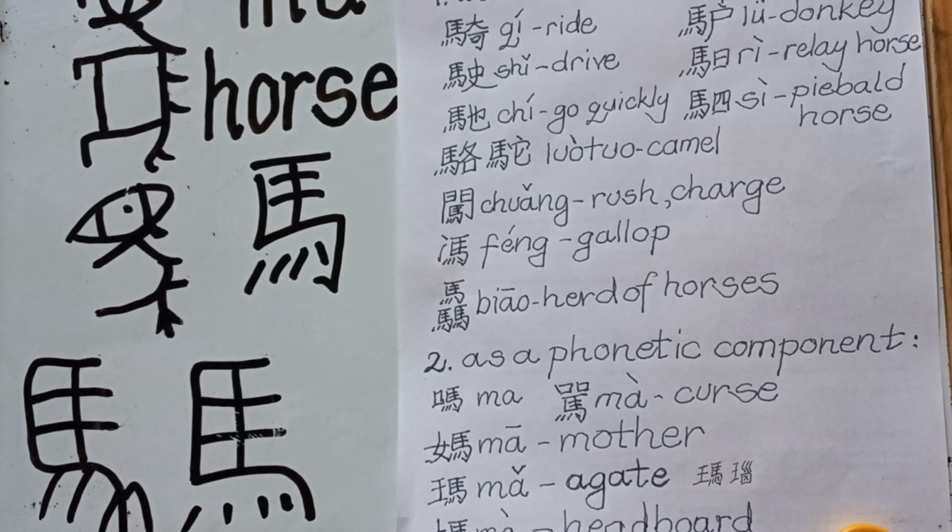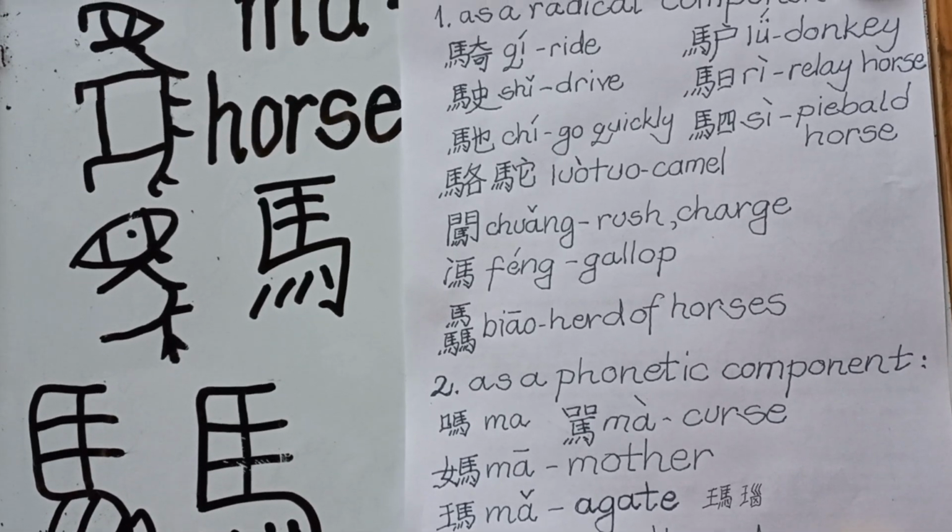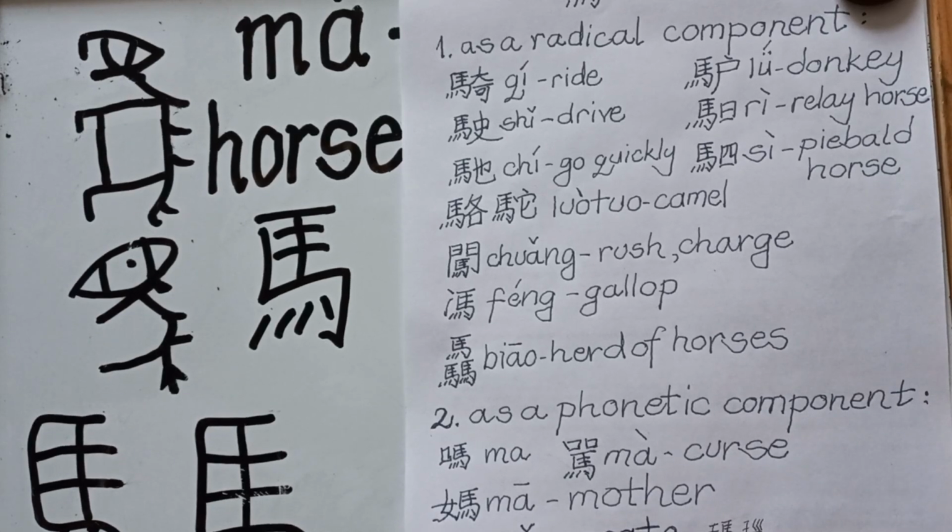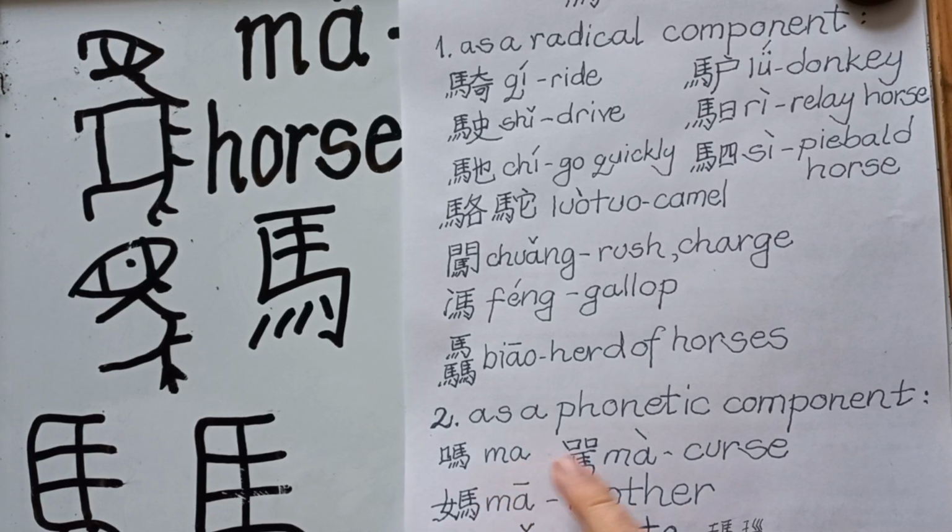That is to say, Ma is also a radical functioning as a semantic component of more complex characters. And secondly, Ma is also a phonetic component of complex characters.